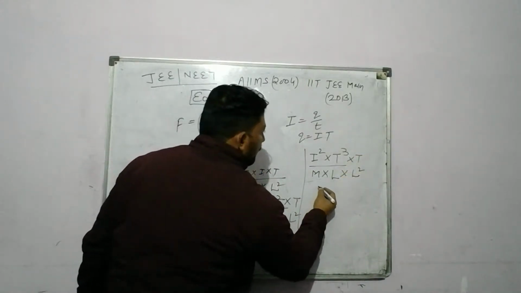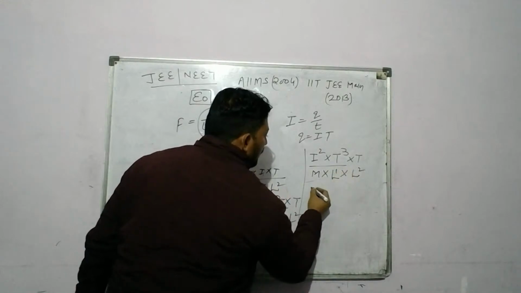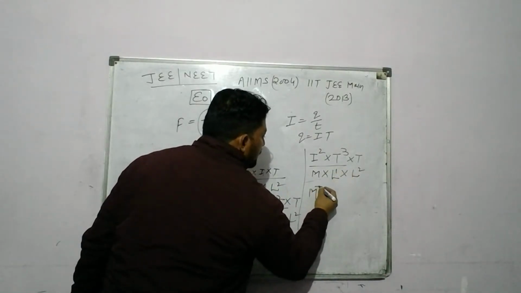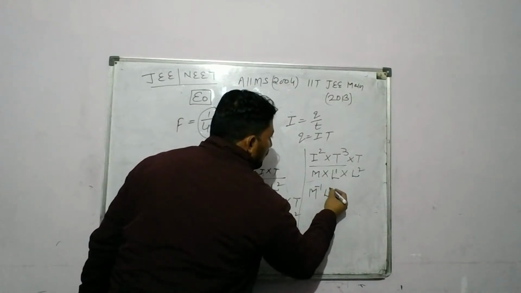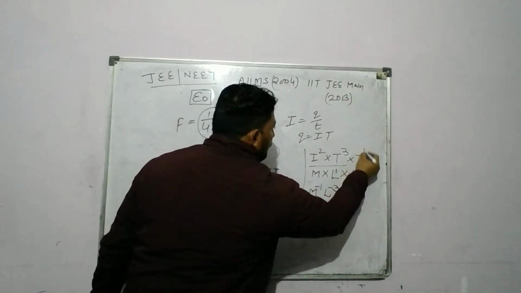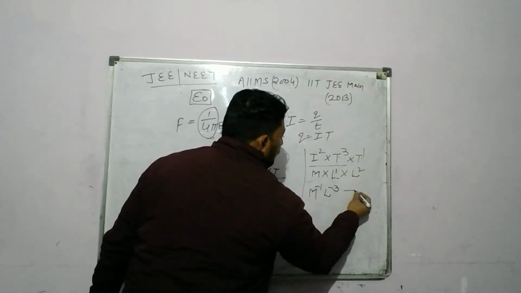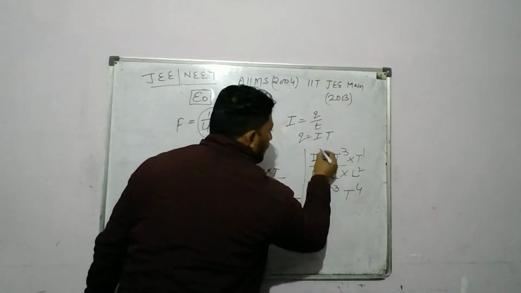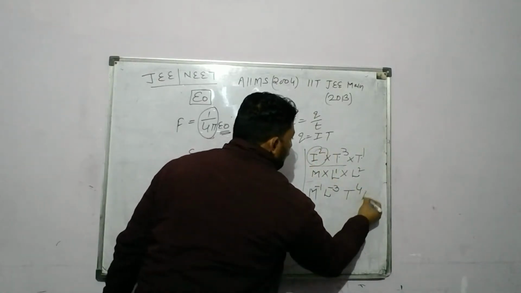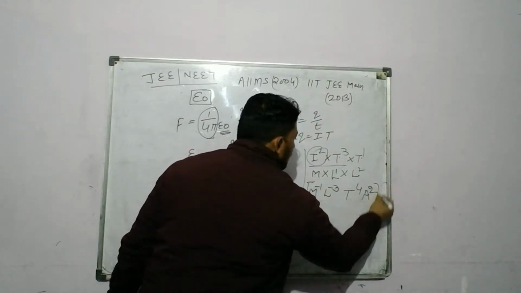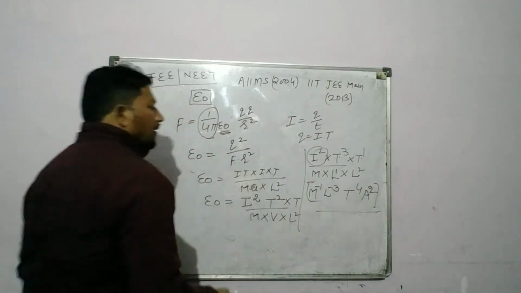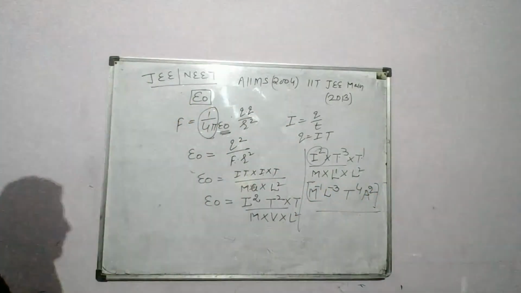So the dimensional formula is M to the power minus 1, L to the power minus 3, T to the power 4, and the unit of current as a fundamental unit, A square. This is the dimensional formula of epsilon 0.